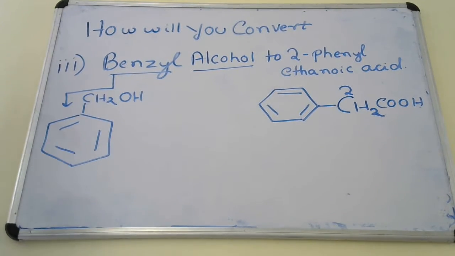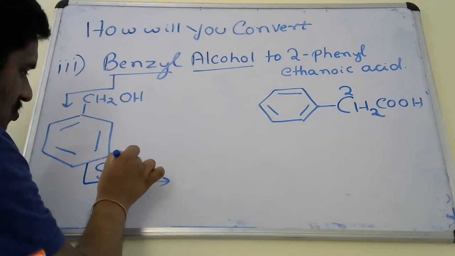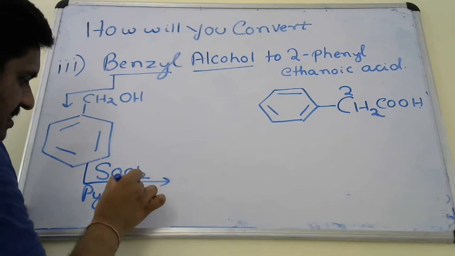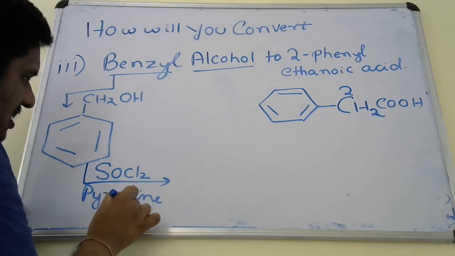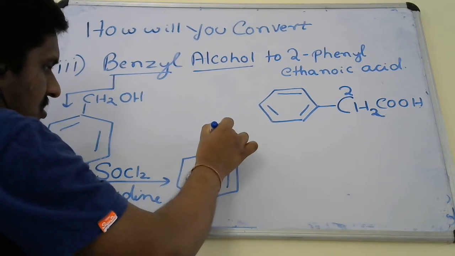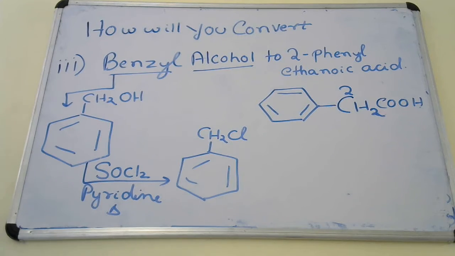So what we will do, first step is we will provide SOCl2, thionyl chloride, in presence of solvent pyridine, and heat. You will get CH2Cl, benzyl chloride.